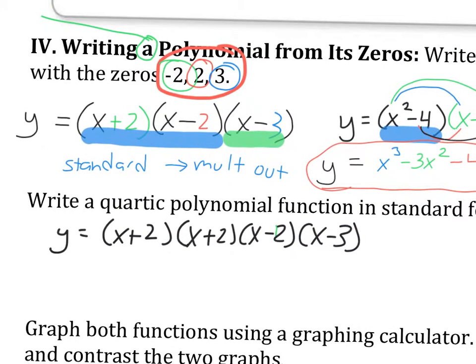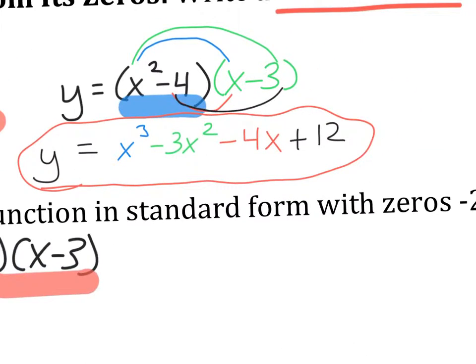And notice a pattern here. x plus 2, x minus 2, x minus 3. x plus 2, x minus 2, x minus 3. In other words, this here is the exact same as this here. So since that's the case, whatever I just got from my previous problem can be substituted.